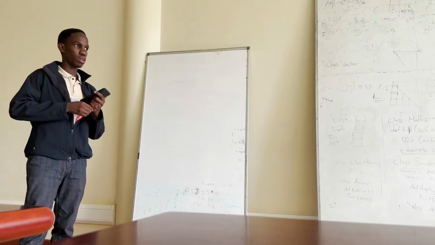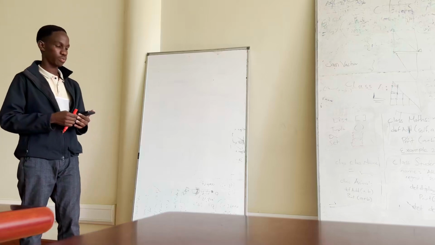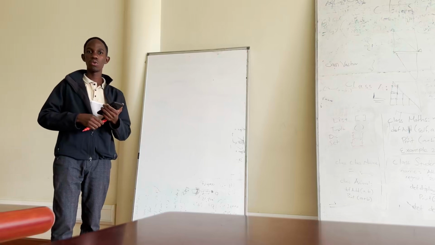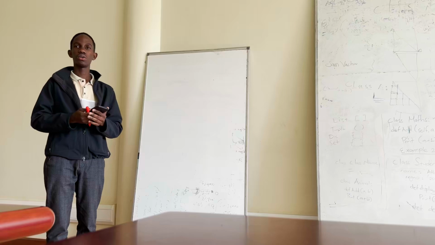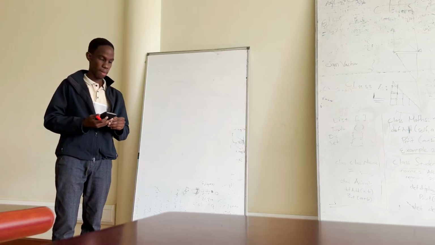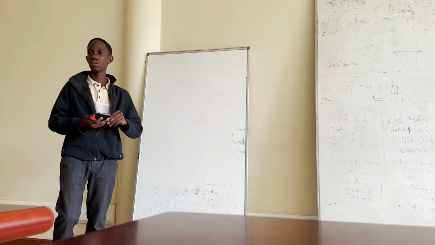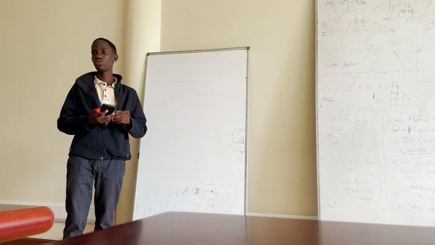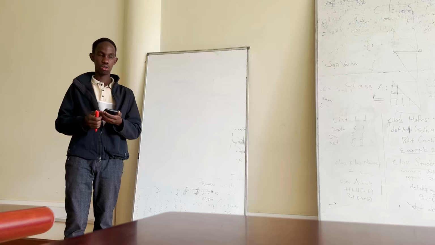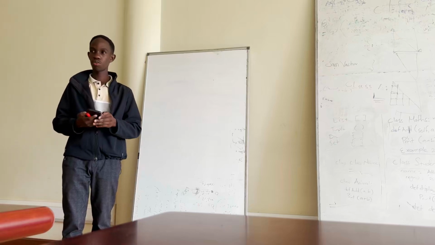Last week I talked about the state of a qubit. Before we go there, for most of you who were not there last week, it was an intro on quantum computing. So what is quantum computing? It's a new way of doing computation through the use of quantum physics principles.